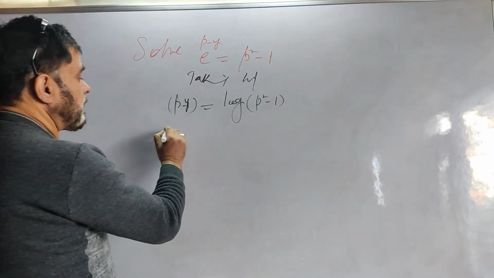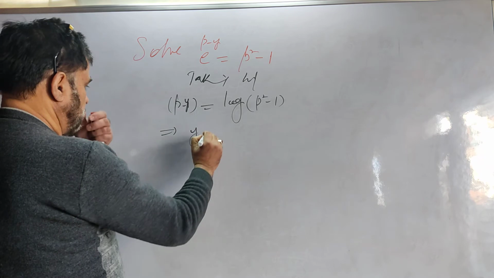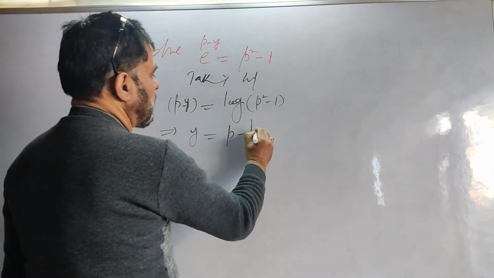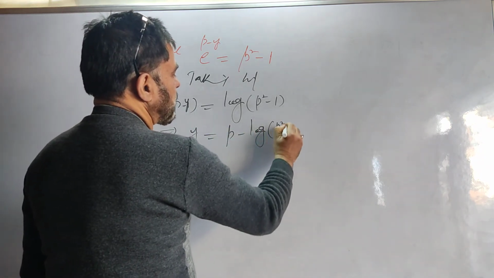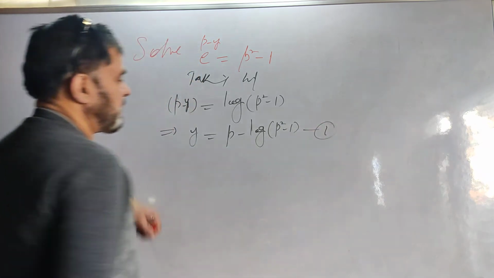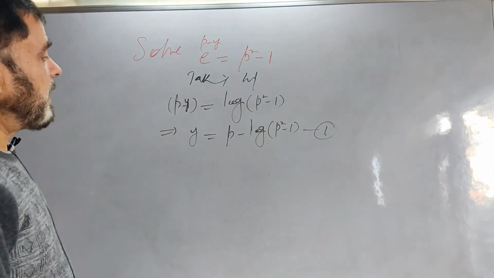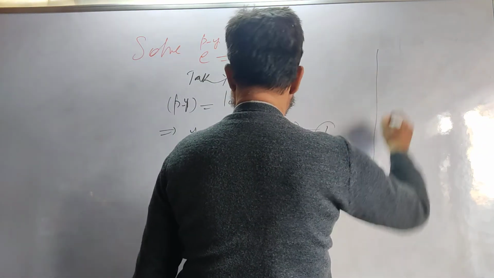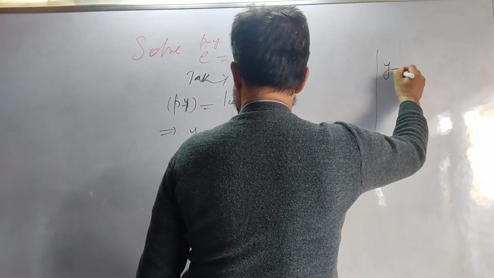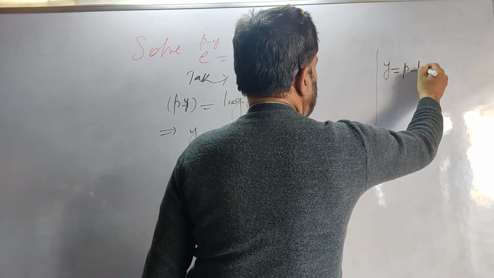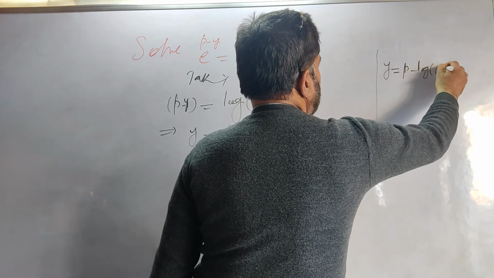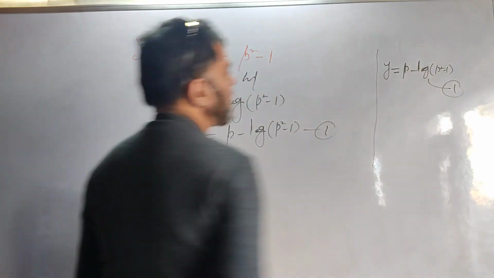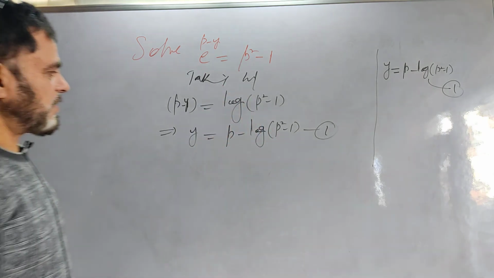This you can write y is equal to p minus log of p square minus 1. Name this equation number 1. I will use it later on.